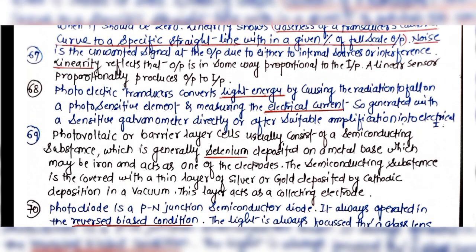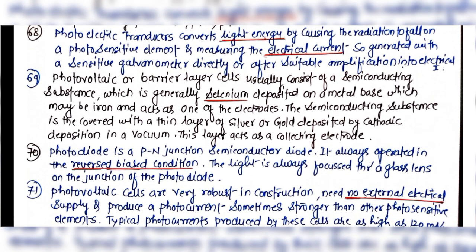Photoelectric transducers convert light energy into electrical current by causing the radiation to fall on a photosensitive element and measuring the electrical current so generated with a sensitive galvanometer directly or after suitable amplification.